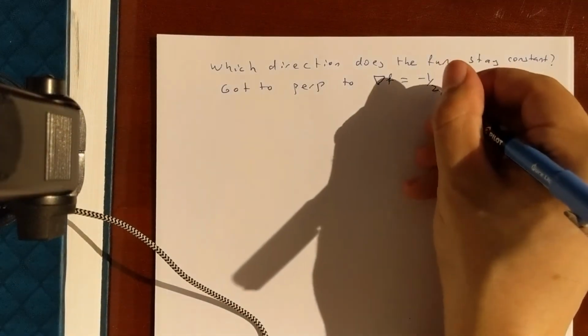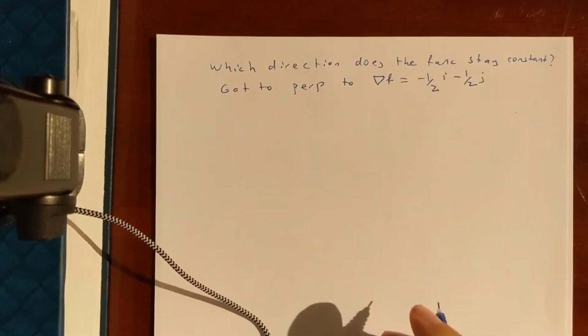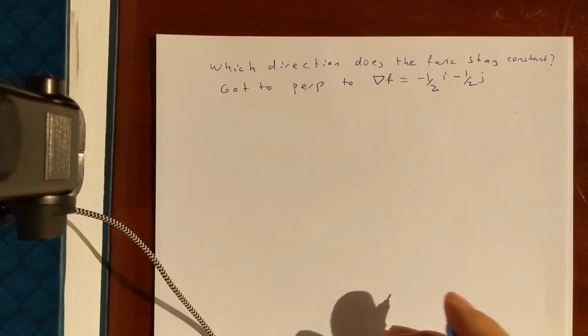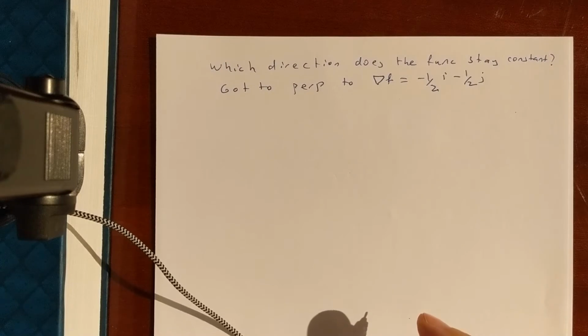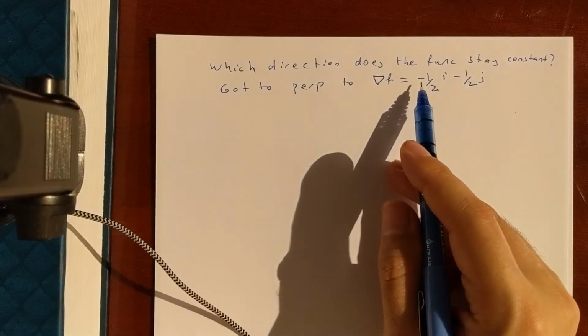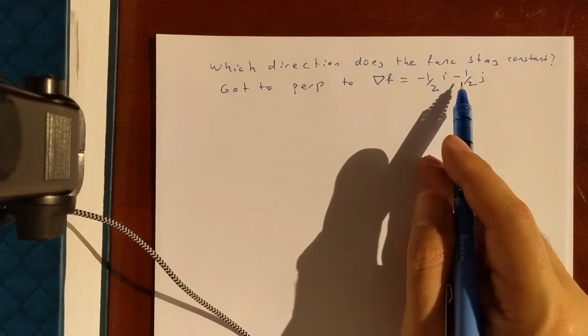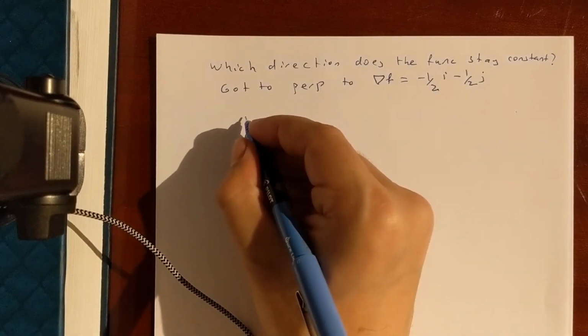Minus 1 over 2 i minus 1 over 2 j. Okay, so here's a trick. This is just a linear algebra problem, right? It's the null space. So here's a trick. You can keep one of these as it is, and change the sign of the other one. So there's going to be two of them.